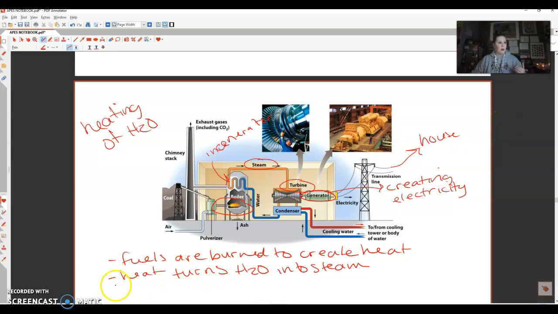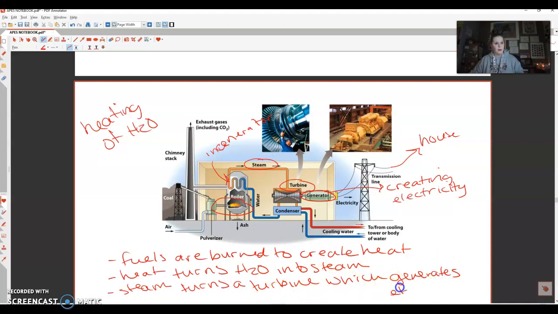Okay, so we want to make a note down here. We also need to remember that steam turns a turbine, which generates electricity. Okay, this is the process.